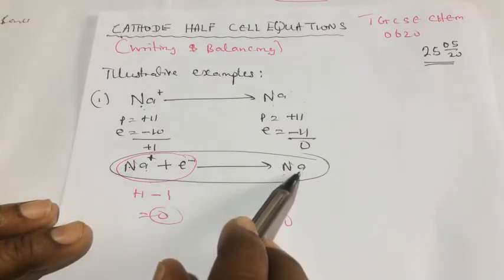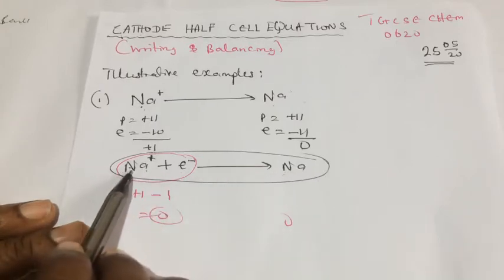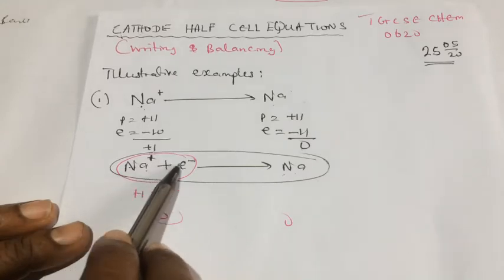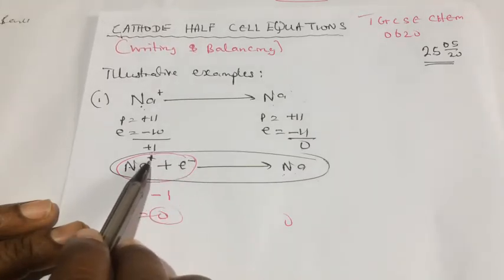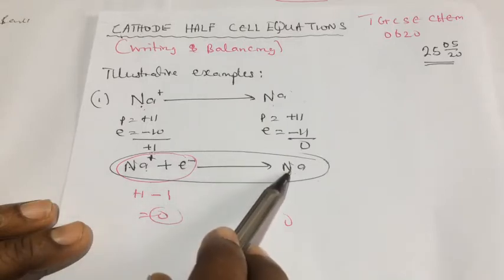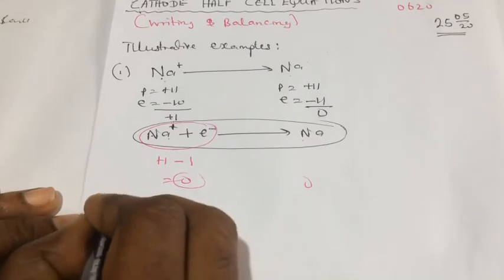So this is now formed at the cathode, produced at the cathode. So when you discharge a sodium ion by gaining an electron equal to the oxidation number, it will produce what? Sodium what? Atom. Let's look at others, like calcium.